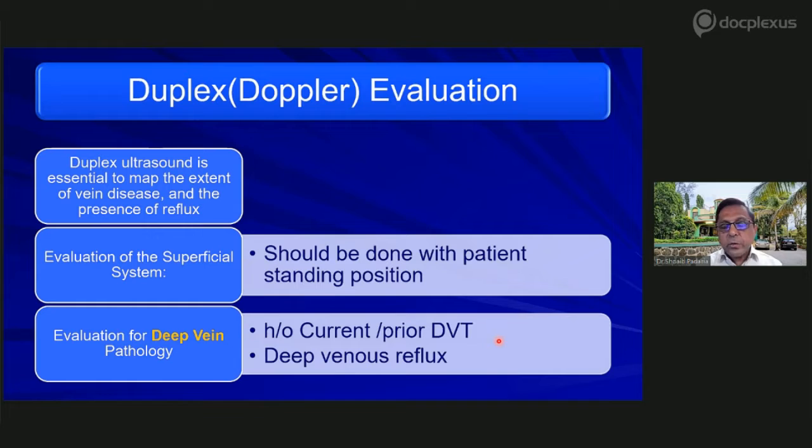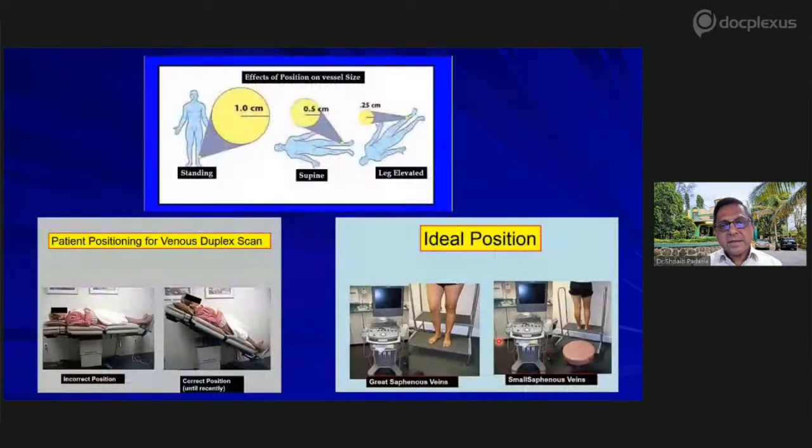Now, when we evaluate varicose veins, something which is very important, and you should tell your radiologist who's doing this study, is that the study should be done with the patient in the standing position or in the inclined position. Why is that? See this chart here. In the standing position, the size of the vein may be 1 centimeter. As soon as you lie down, the blood goes back towards the heart, the vein collapses, and the size becomes only 0.5 centimeters.